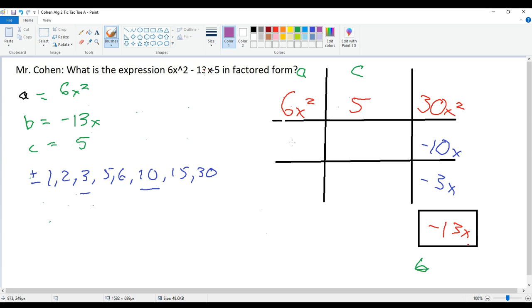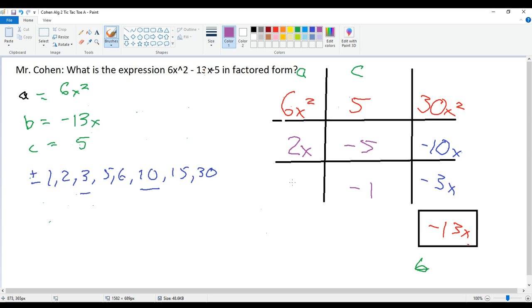So if I'm going to multiply across, I could go with something like 2x, and sometimes it doesn't matter what we do in these last 4 spaces. But let's do negative 5 and negative 1. And negative 5 times negative 1 is positive 5, so that multiplies up. If I go across, 2x times minus 5 is negative 10x.